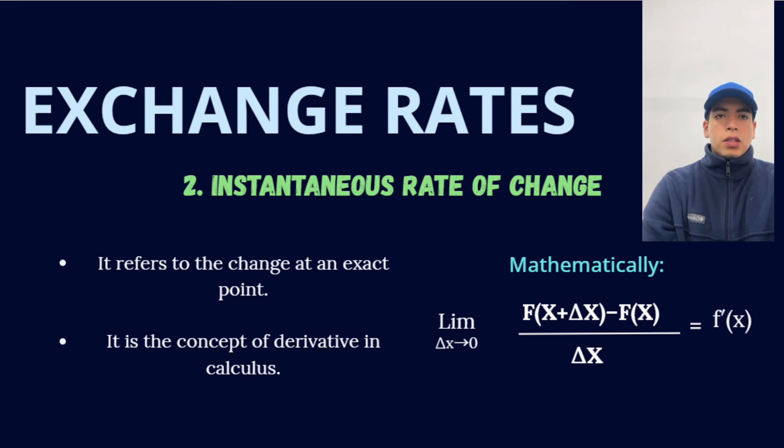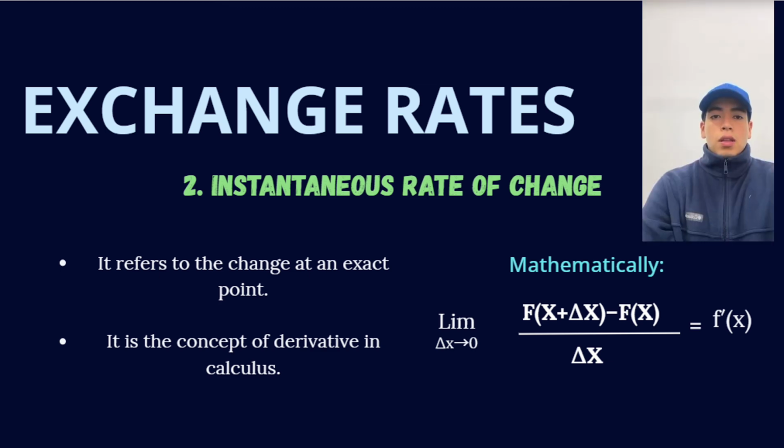Now, the instantaneous rate of change. To find the rate of change at a single exact point x, we imagine making the interval between x and x plus a tiny bit, called delta x, shrink smaller and smaller until it is effectively zero.